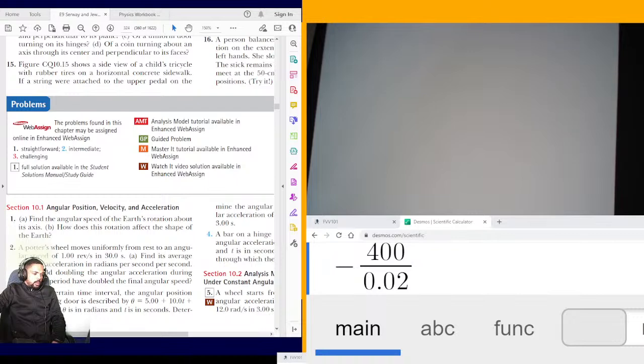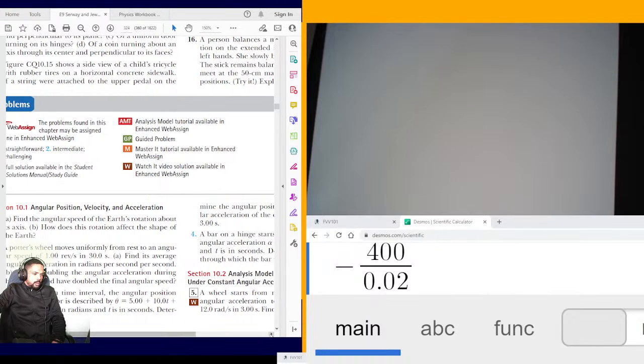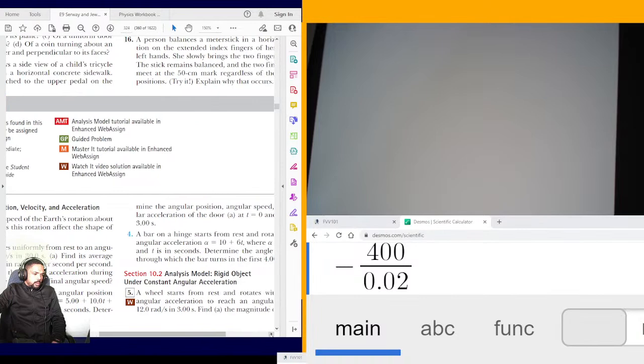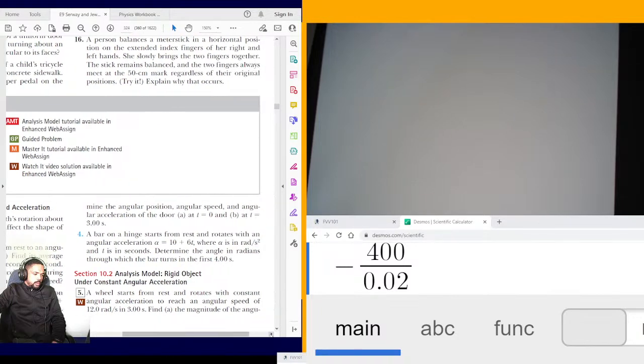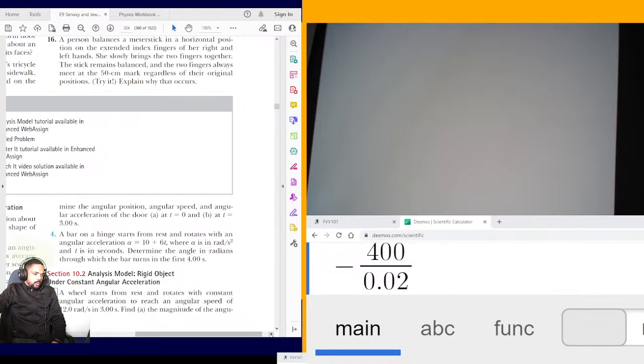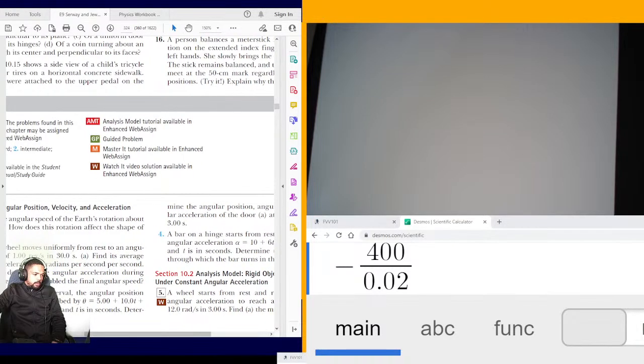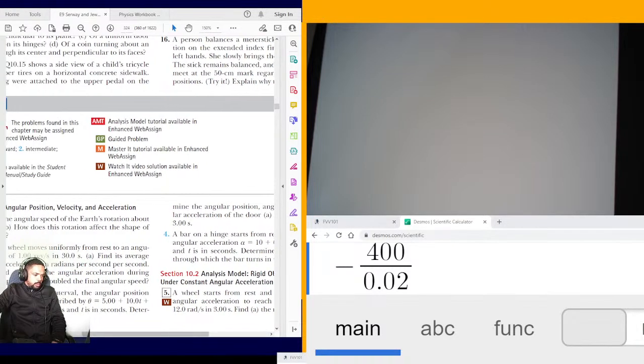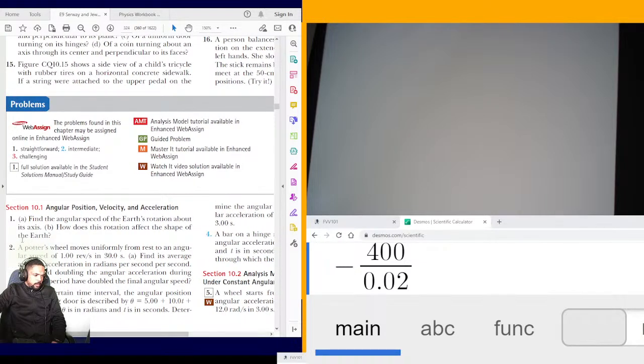We'll be doing all of these problems that I picked out. This is the first one, problem number 2. Potter's wheel.